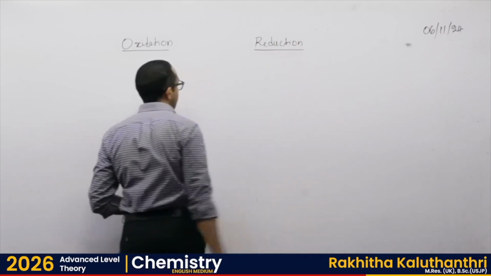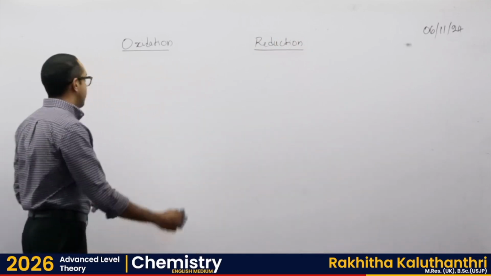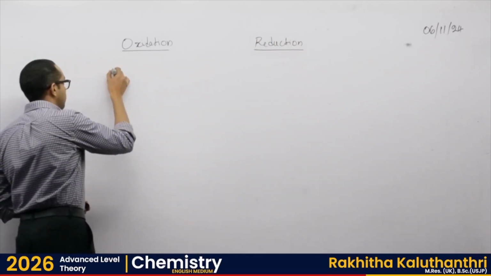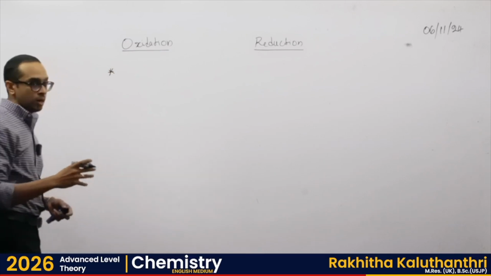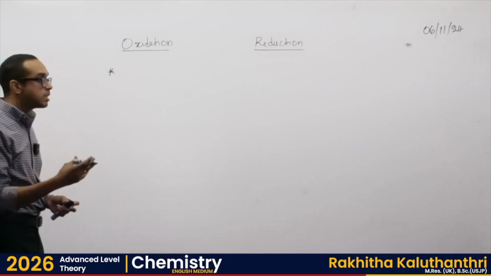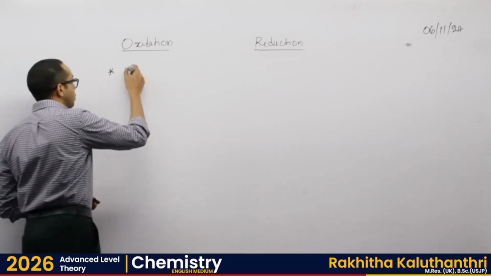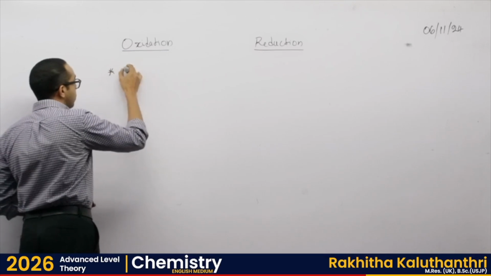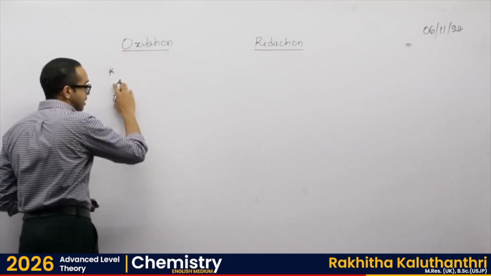Now there are many definitions for this, but the most important one over here when you're talking about oxidation numbers of different elements in a compound is that you need to remember, if electrons are lost, what happens is an oxidation.